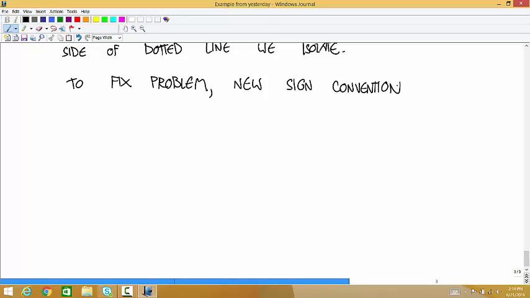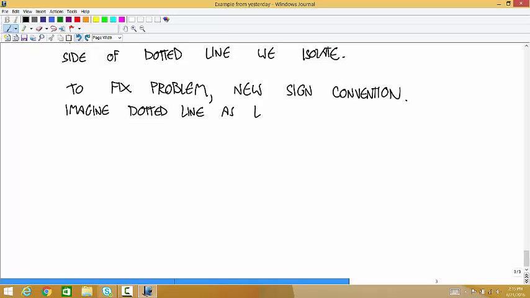What we're going to do is imagine that dotted line as a thin sliver of material, or a thin strip of material.